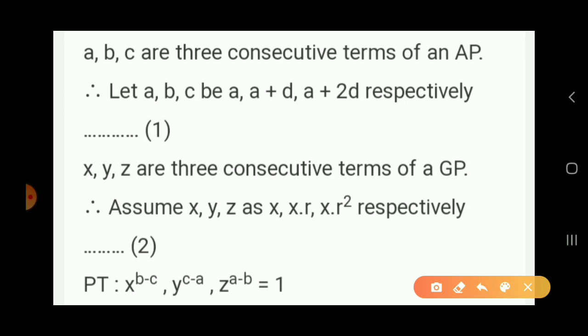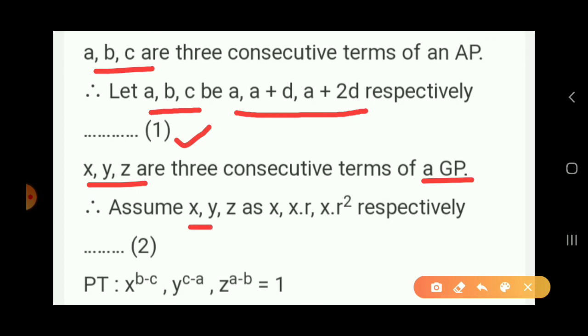See the solution. A, B, C are the three consecutive terms of an AP, so we can take A, B, C as A, A plus D, A plus 2D respectively. X, Y, Z are the three consecutive terms of a GP, so we can take X, Y, Z as X, XR, XR square.